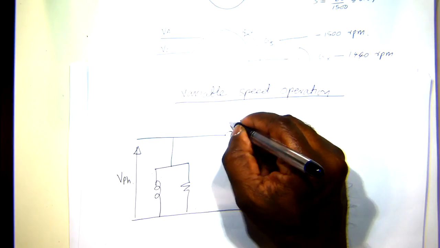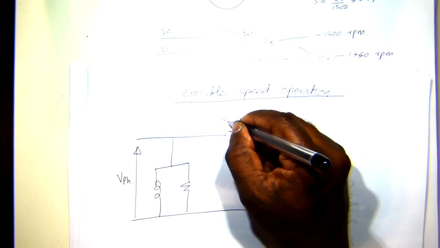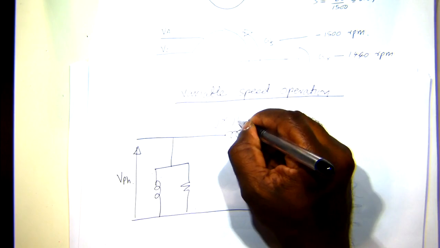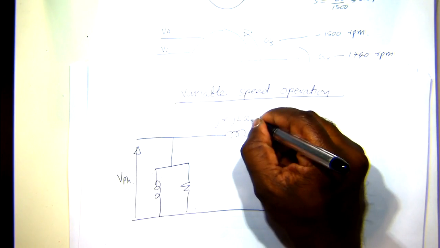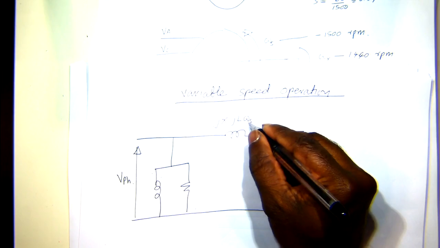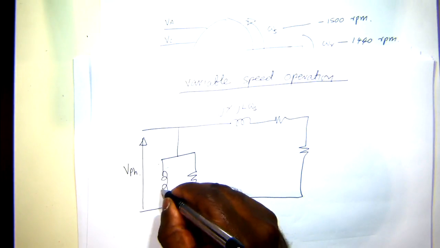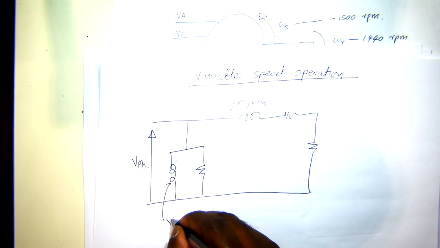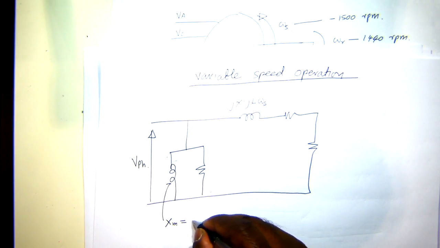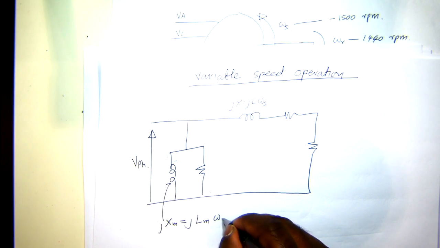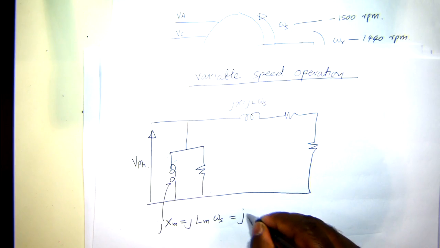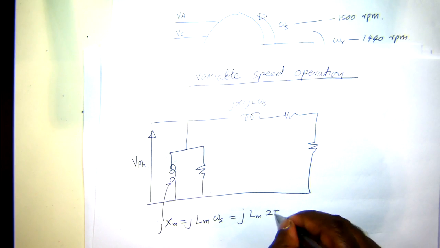The reactance will be some inductance times omega S, which corresponds to the excitation frequency, and the magnetizing reactance will be Lm times 2 pi Fs.